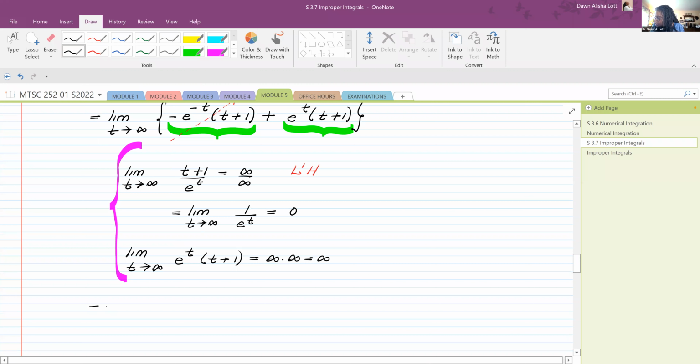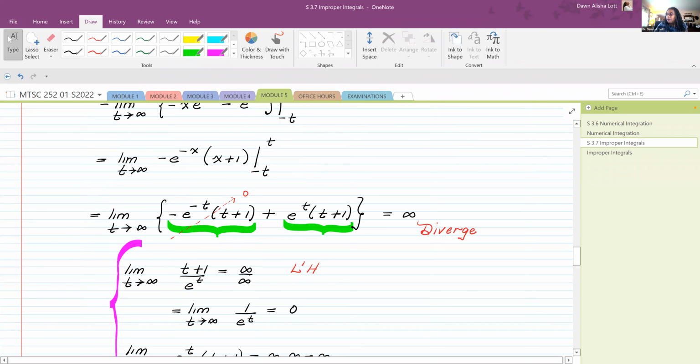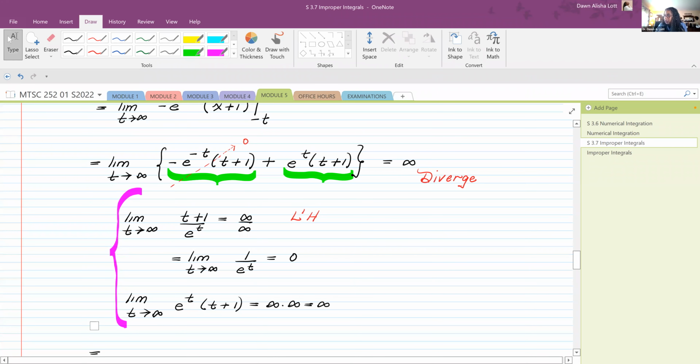So that means this thing is actually equal to infinity. So this is going to diverge. Okay. So we've seen some converge and we've seen some diverge.